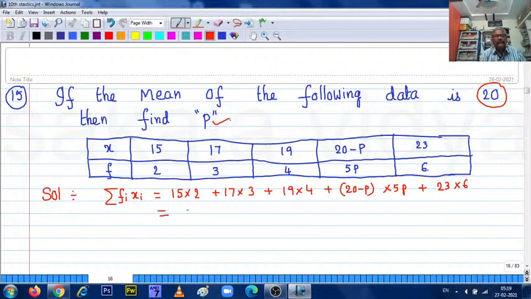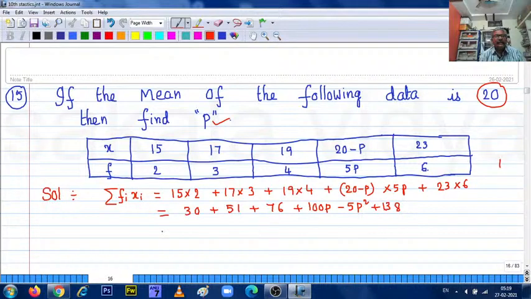So this is 30. Now 17 times 3 is 51, 19 times 4 is 76, plus 5p into 20 is 100p, plus 5p into minus p is minus 5p square, and 23 into 6 is 138.